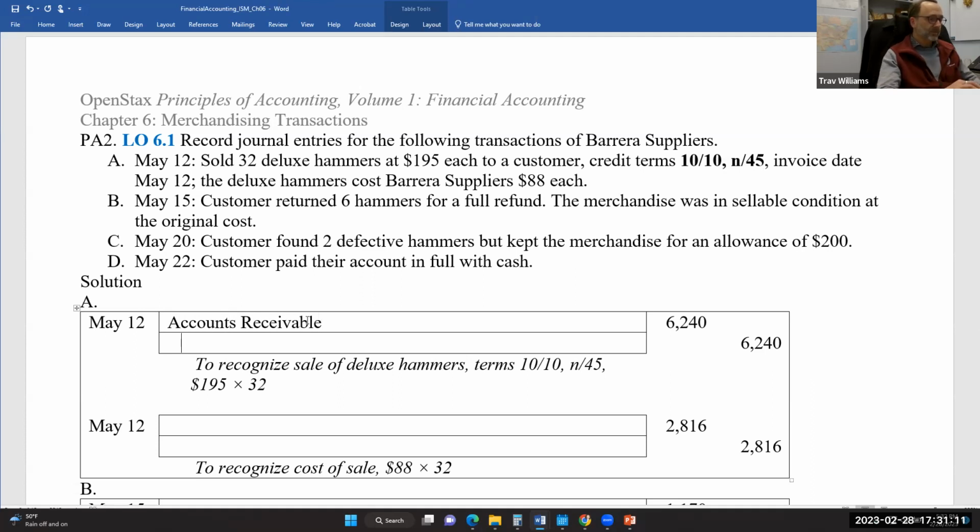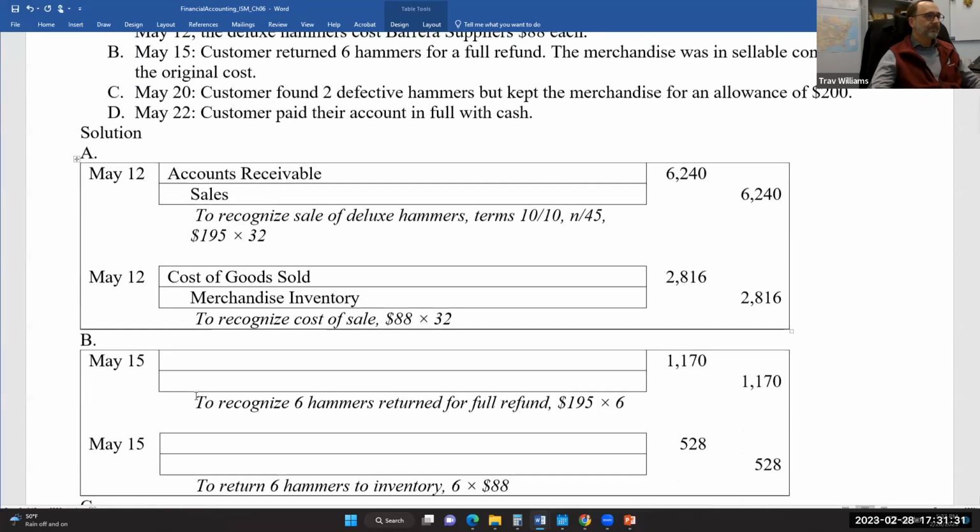Credit to sales. And then because we're doing the perpetual inventory method, we have to do cost of goods sold, right? And merchandise inventory, right? Okay, so that's part A.